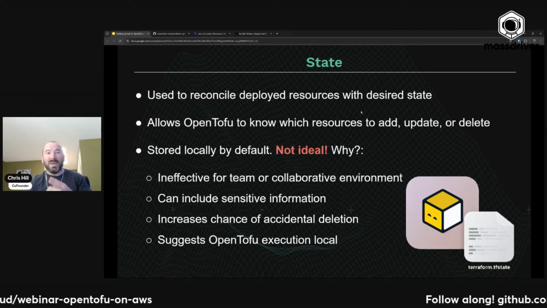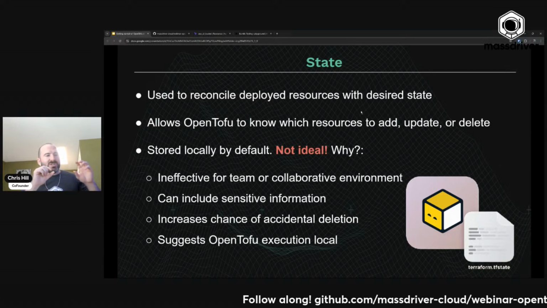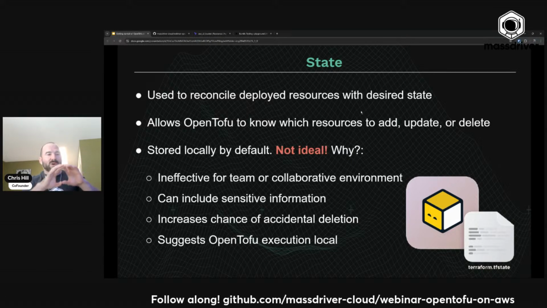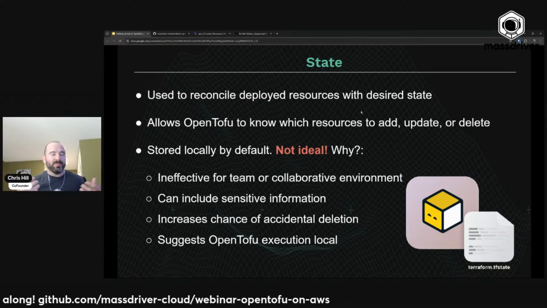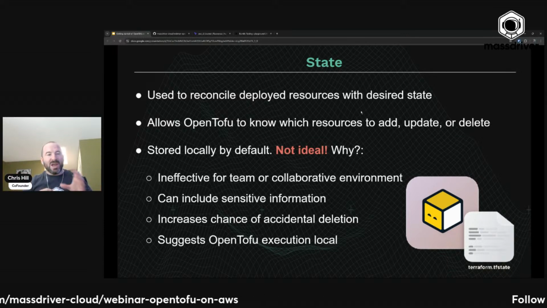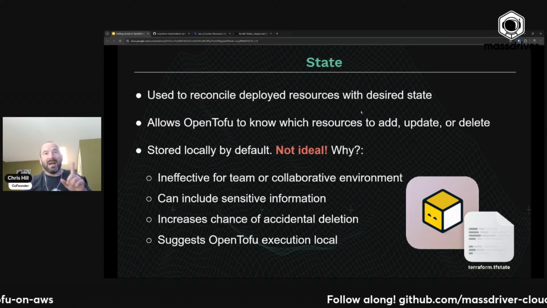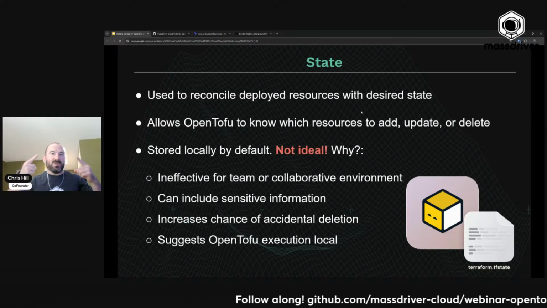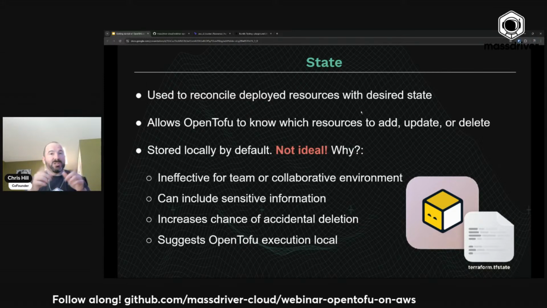Number three, this is a big one: if the state is local and you're in a collaborative environment, you have multiple people that could be running OpenTofu. State needs to be modified one at a time. If two people attempt to modify the state at the same time, you end up getting diverging state or broken lineages.